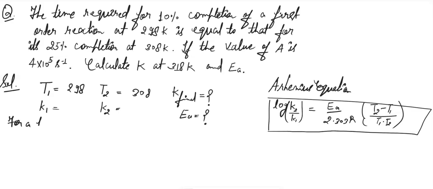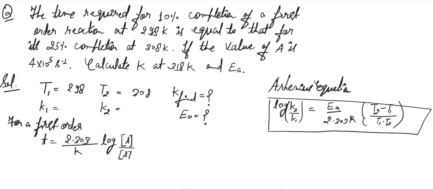For a first order reaction we know that Kt equals 2.303 upon K log of the initial concentration A naught upon the final concentration A, that is t equals 2.303 upon K log A naught upon A.